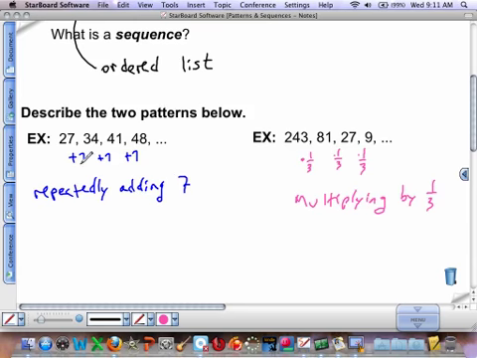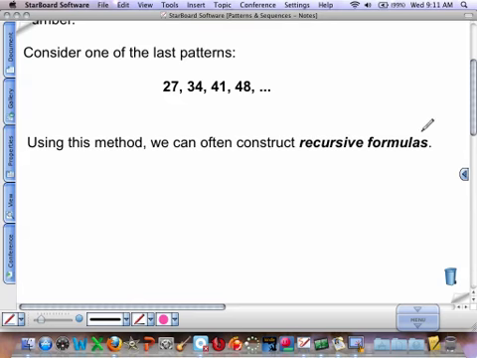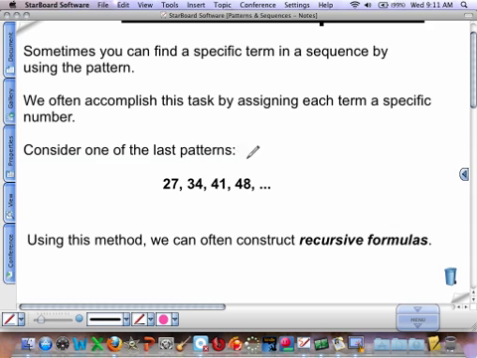This first example is an arithmetic sequence, because we're repeatedly adding or subtracting the same amount. The one over here on the right is a geometric sequence, because we're repeatedly multiplying or repeatedly dividing. Again, you're going to see that again tomorrow.